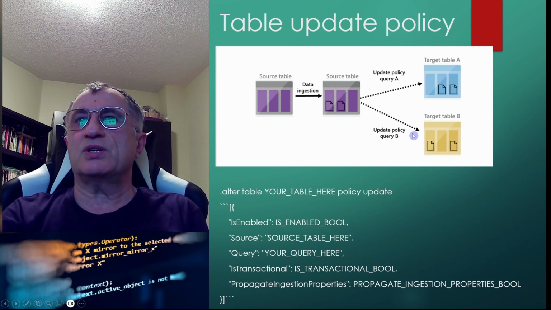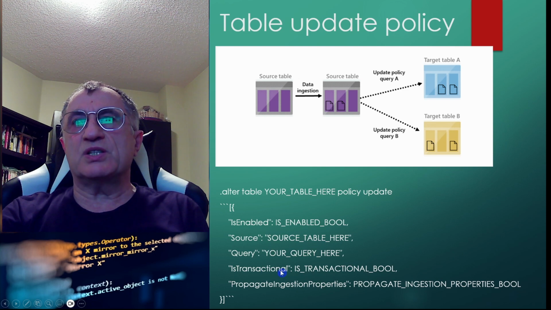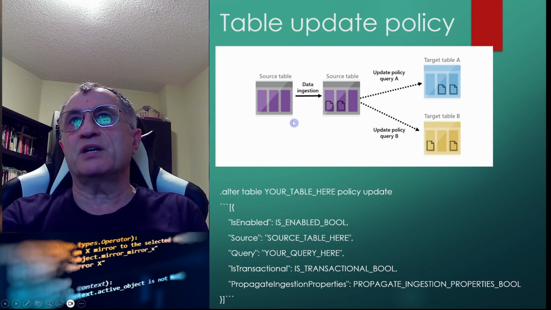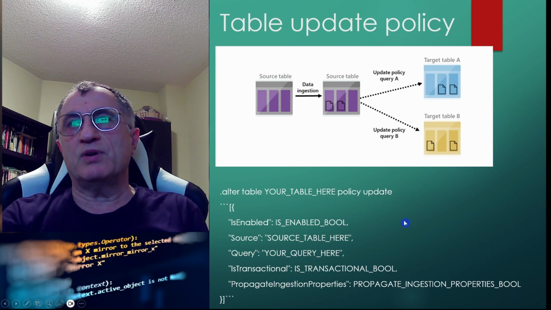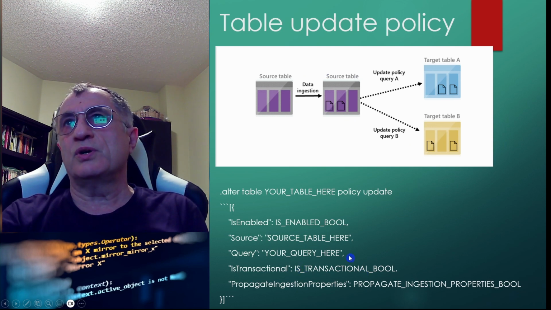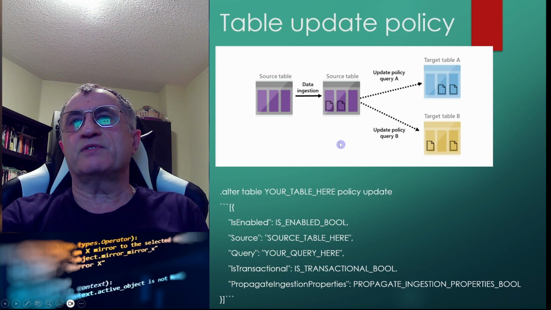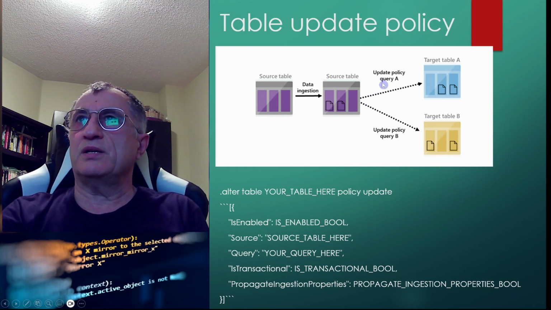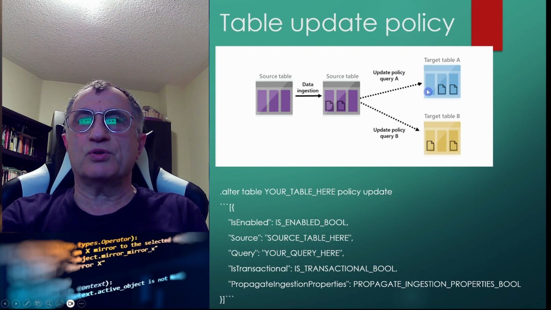So in this case, if is transactional is set to true, then data will stop arriving to your source table. However, if you set it to false, then you can freely update your source table, no matter if your update policy is working or not.